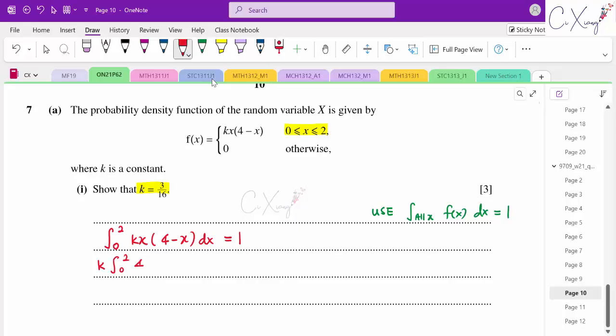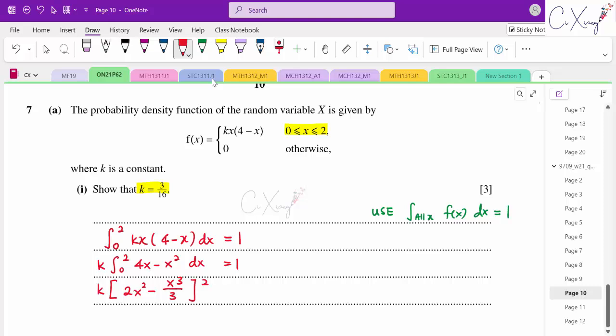To integrate this, we have to multiply the x inside into the bracket first. Only then can you start the integration. Integrating 4x, you get 4x squared divided by 2, which is 2x squared. Then for x squared, you add 1 to the power and divide by the new power 3.